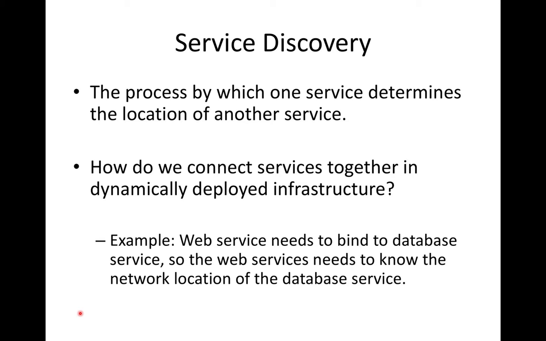How does one service know how to communicate with another service? And that goes to the heart of this service discovery process. And what you'll find is that there's a couple different ways that we can configure services to communicate with other services.